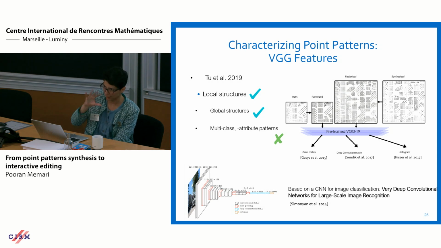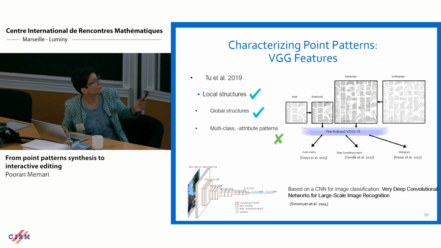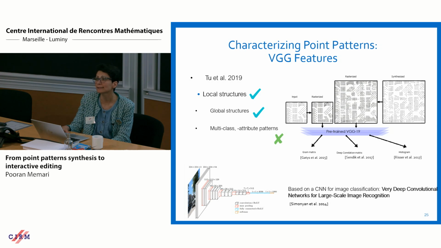The analysis on the raster image is done, and then they come back to the space of point patterns. It's a very deep convolutional network, and it has some advantages, but since it's very restricted to image representation, multi-class and multi-attribute patterns are not nicely handled.